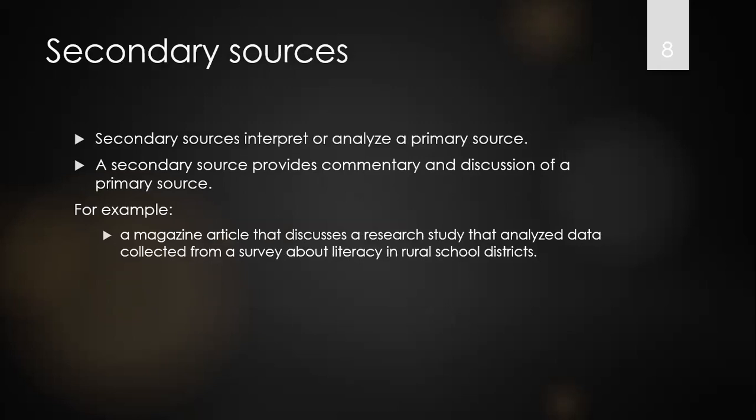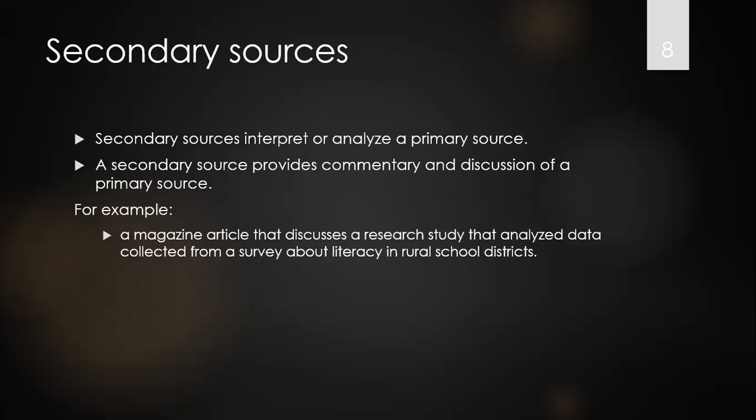Secondary sources. Secondary sources interpret and analyze the primary sources. So certain sources give you first-hand information. Those are primary sources. And when those primary sources are interpreted and analyzed in a different article or source, those can be called secondary sources.